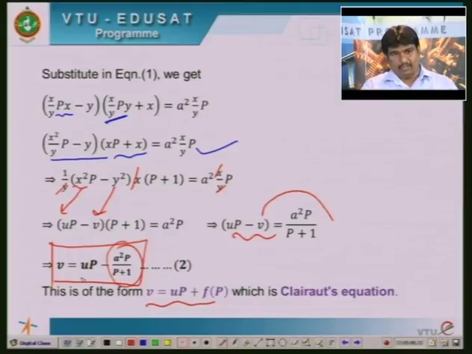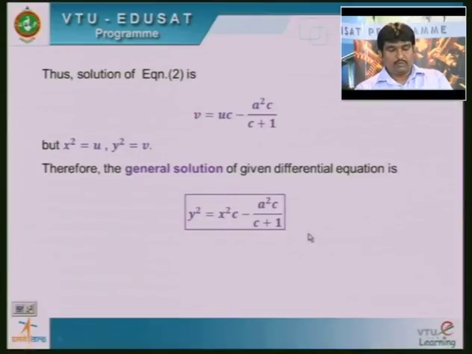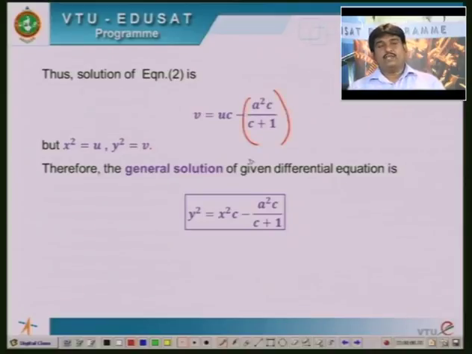So it is v equals uP plus f of P, which is Clairaut's equation. Its solution is obtained by replacing P by c, that is v equals uc plus f of c, where f of c is minus a square c divided by c plus 1.